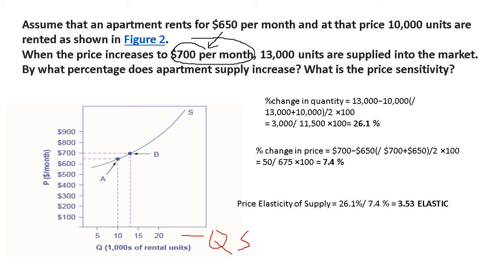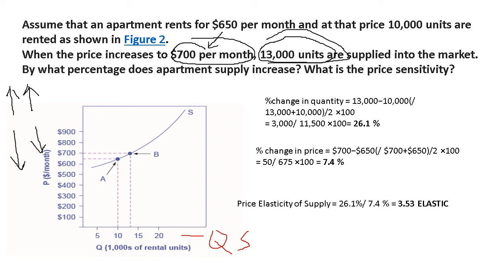And at that 700, the quantity supplied when the rent was increased, it increases because in the law of supply, it is directly proportional. As price increases, quantity supplied increases. As price decreases, quantity supplied decreases. That is the law of supply.